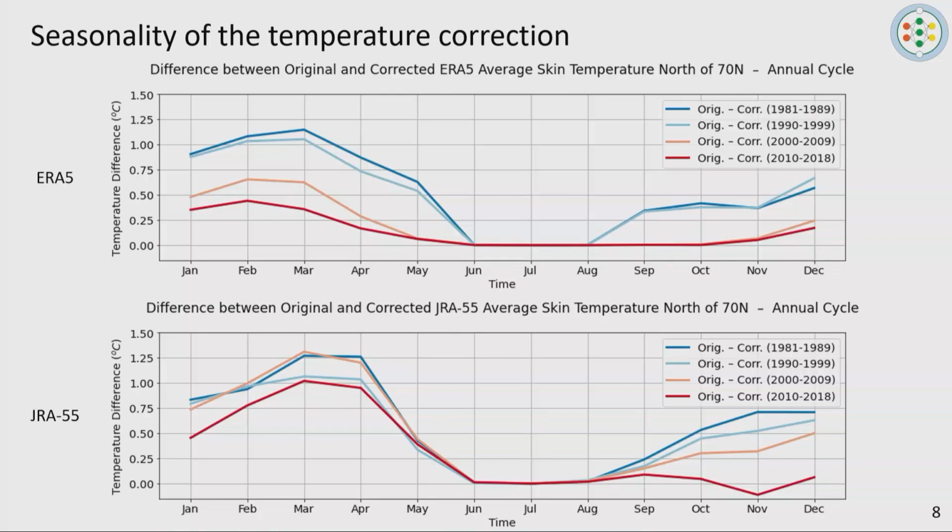Okay, another relevant aspect is the seasonality. We said we have seasonality, so the correction is stronger in winter, and by default, we don't have a correction in summer. But it's also nice to split these curves for different decades, and you see that the amount of the correction decreases with time.